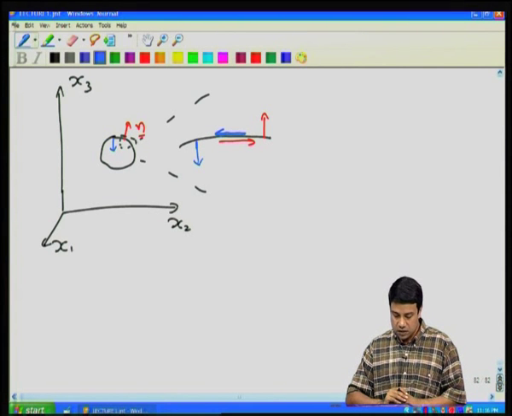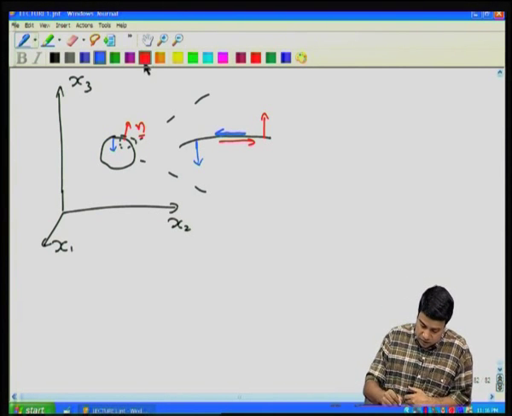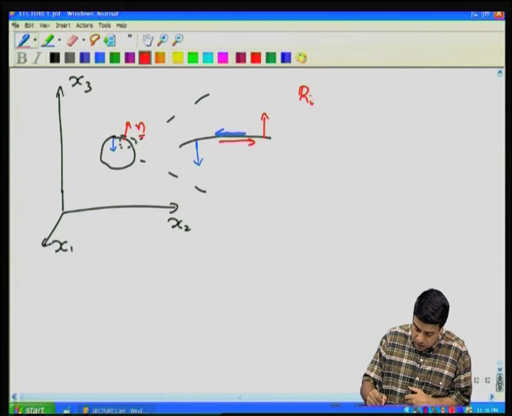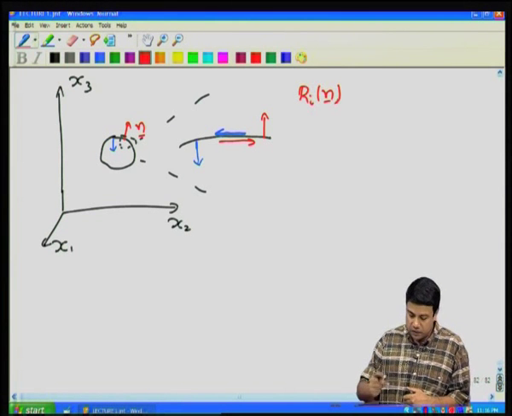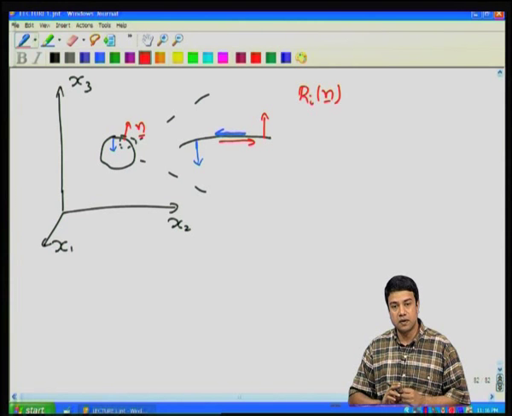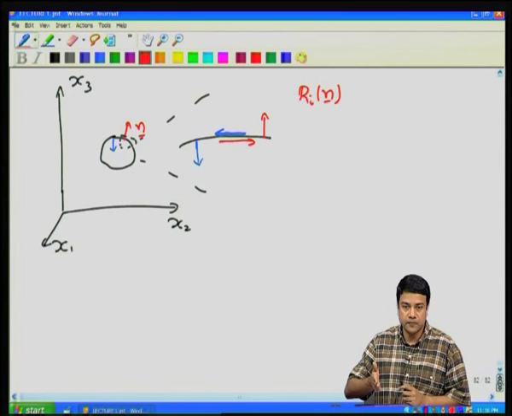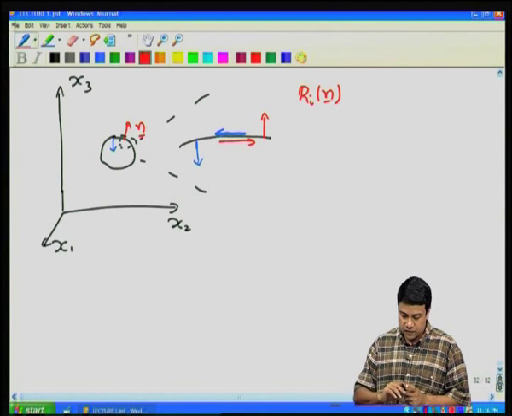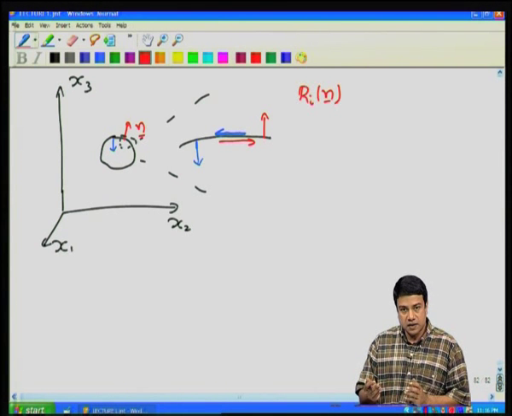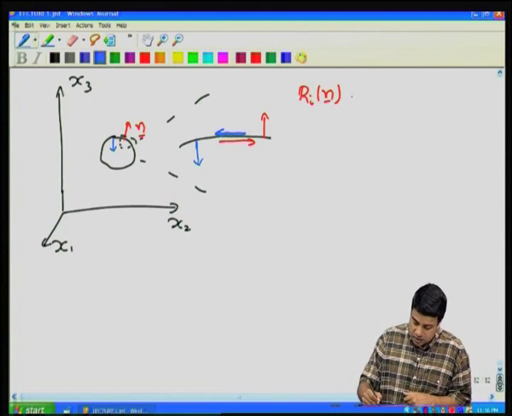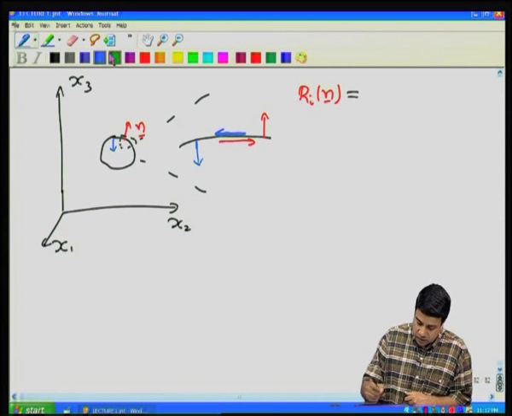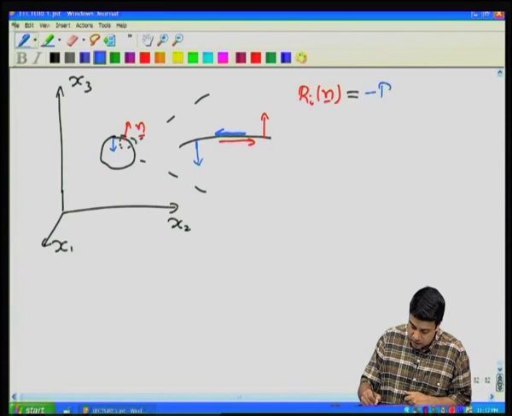Therefore, if I have a surface force for a given volume, for a given unit normal n, this is the outward unit normal for the fluid inside. If I consider the opposite, the force exerted by this fluid on the outside fluid, I have interchanged the direction of the unit normal and the direction of the force also changes.